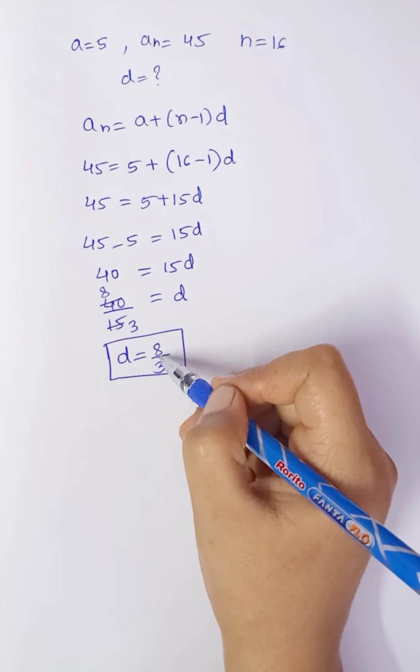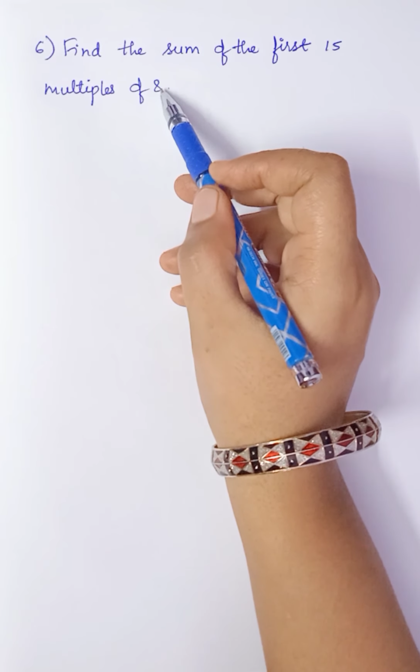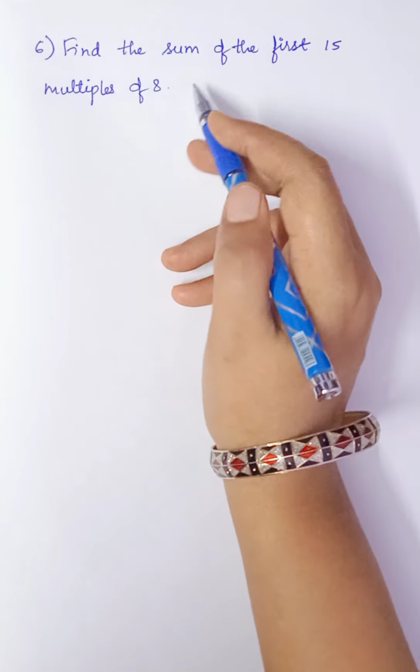Now question number 6 is: find the sum of first 15 multiples of 8. Multiples of 8 means the 8 table. If we take the first 15 multiples of 8, what will be the sum of that? We need to find the sum of 15 multiples of 8.